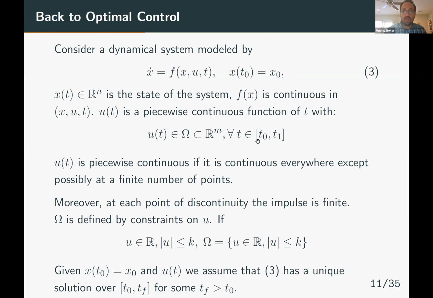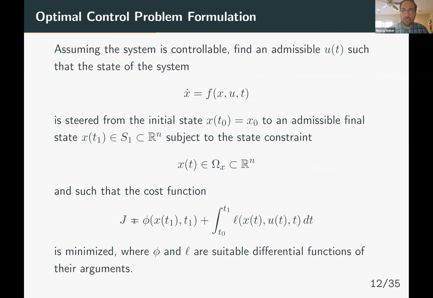And we are also dealing with a confined time domain. U can be piecewise continuous, meaning that it's continuous everywhere except possibly at a finite number of points. So this is the setup, okay? And we're assuming obviously that the system is controllable.